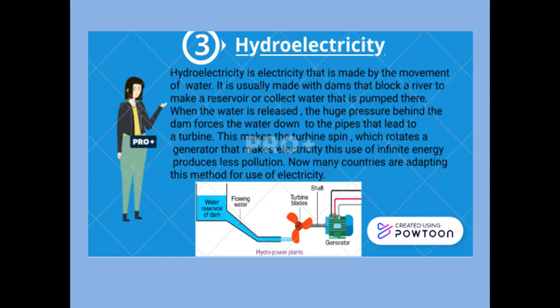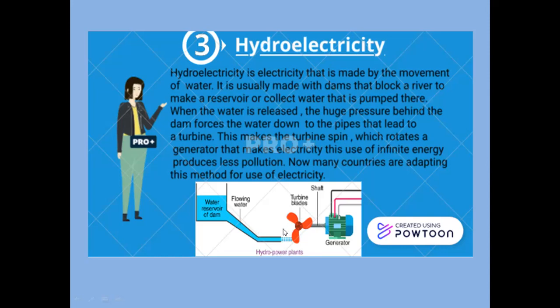Now, let me explain here with my mouse. Here's basically the water reservoir of a dam, and when the water flows down, it goes to these pipes, and these pipes lead to a turbine. Now this makes the turbine spin.